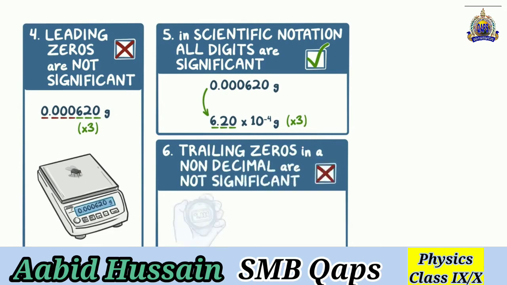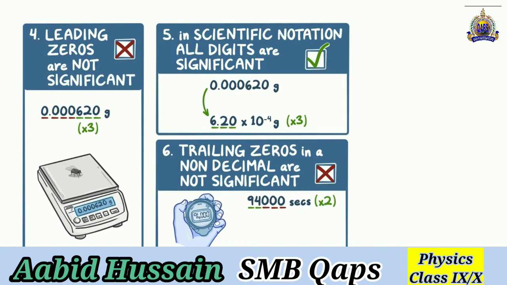Now we have the 6th rule, that trailing zeros in a non-decimal number are not significant. Suppose we have 94,000, so we have 3 zeros here. These 3 zeros will be called non-significant, but 9 and 4 are the 2 significant figures.